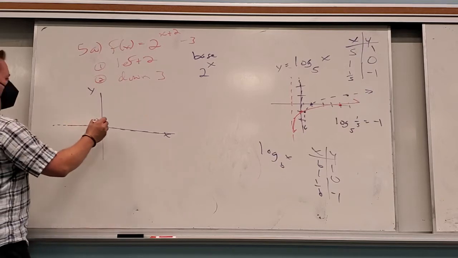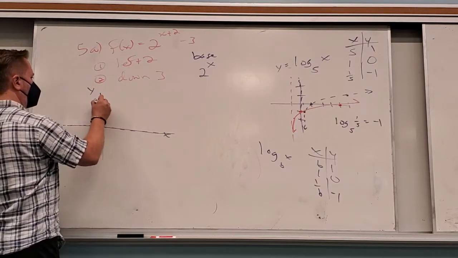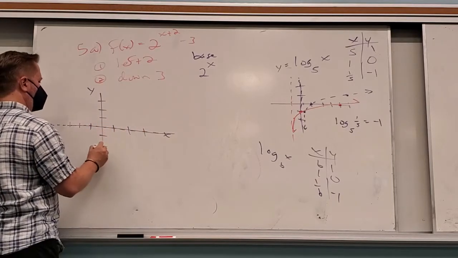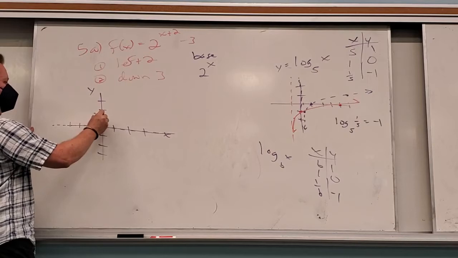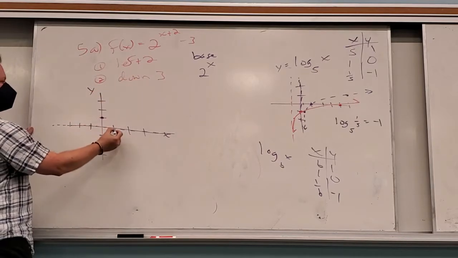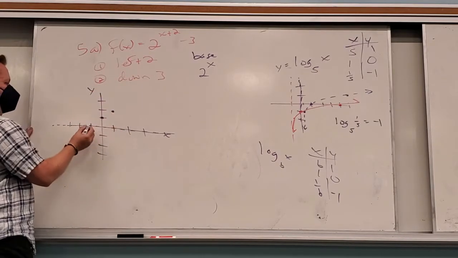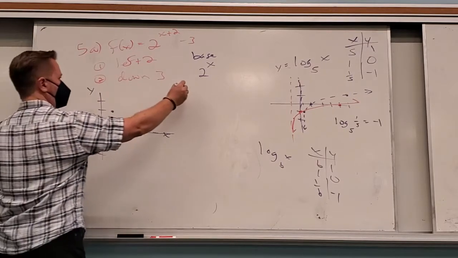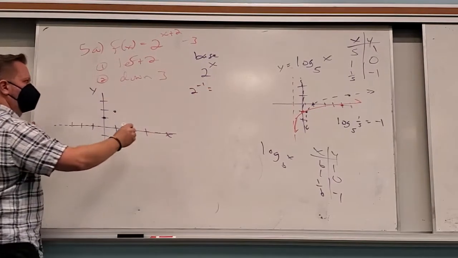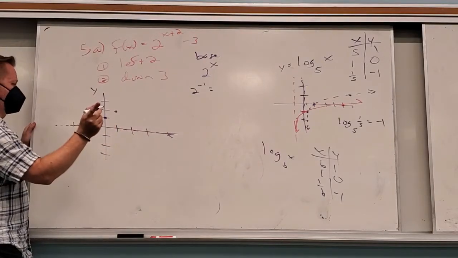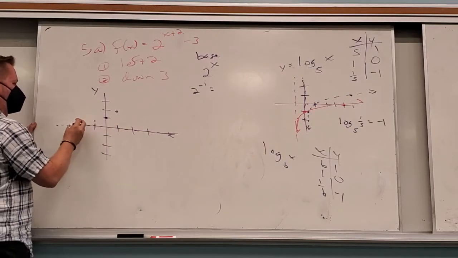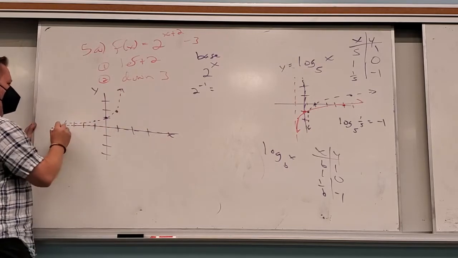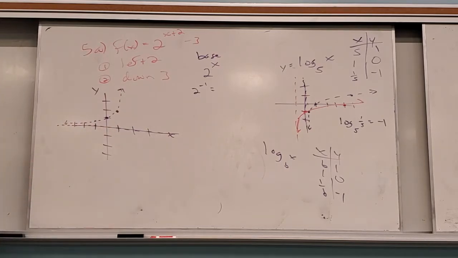What is 2 to the 0? 1. 2 to the first power is 2. 2 to the negative 1 power is 1/2. So here's my base function, and then you just move it around.